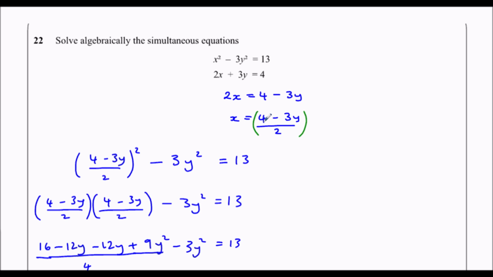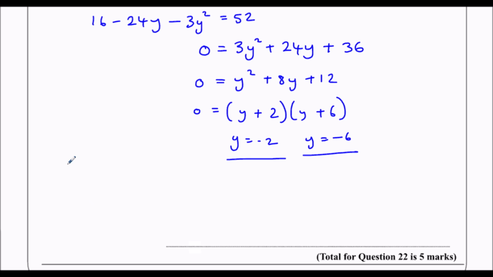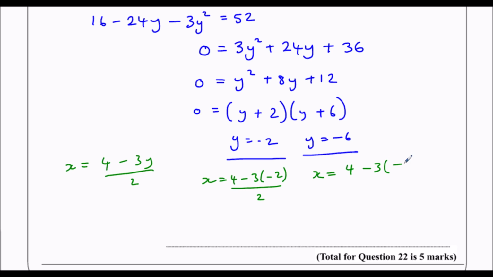So x was 4 minus 3y over 2. So when y is negative 2, x is 4 minus 3 negative 2's over 2. And when y is negative 6, I've got 4 minus 3 times negative 6 over 2.